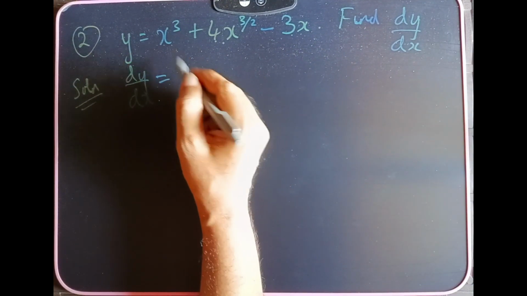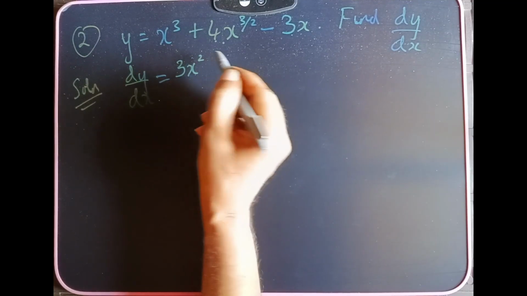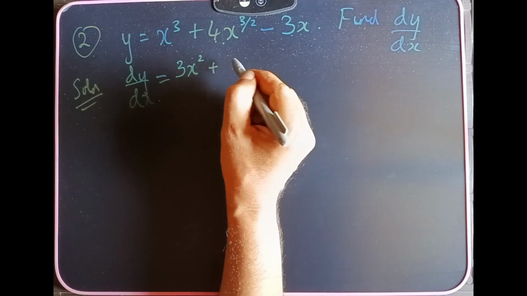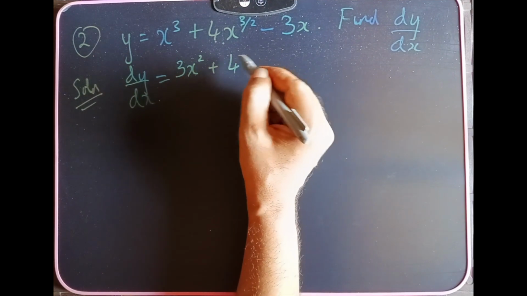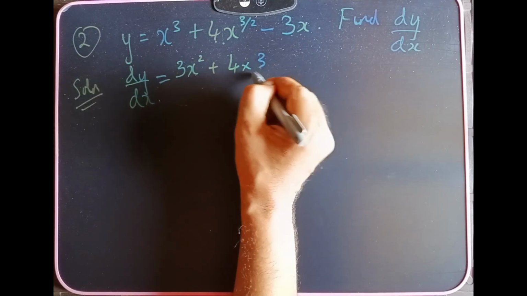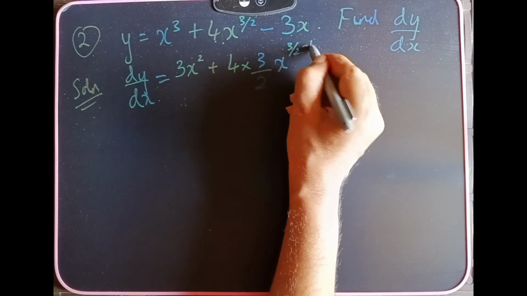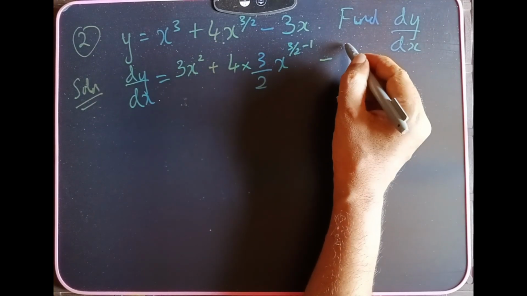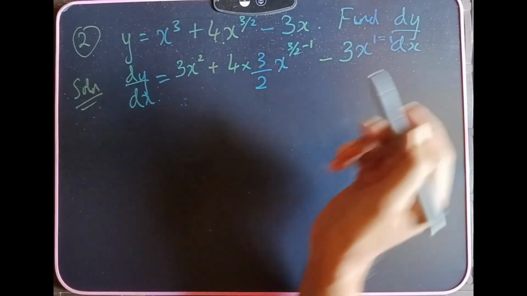So by applying directly the power rule, what you will get? 3x squared plus 4 will be the constant. It will be coming out multiplied by 3 by 2 x raised to power of 3 by 2 minus 1, minus 3 x raised to power of 1 minus 1, right?